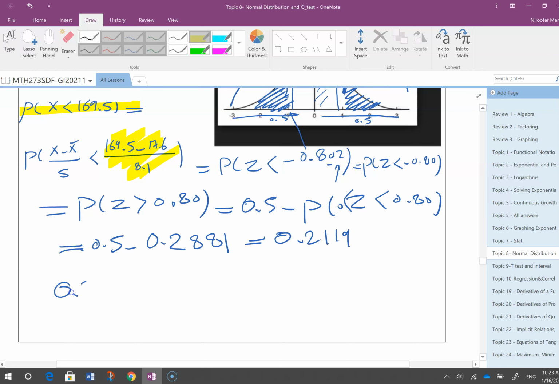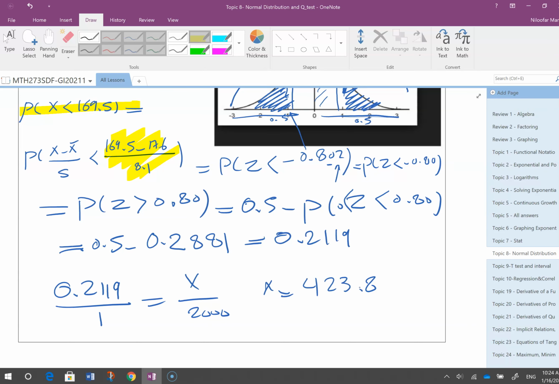Then this is this out of 1. How many out of 2000? Because it's 2000 people. X is 423.8 people. I cannot say 423.8 people, and I cannot round up because it's a number of people.